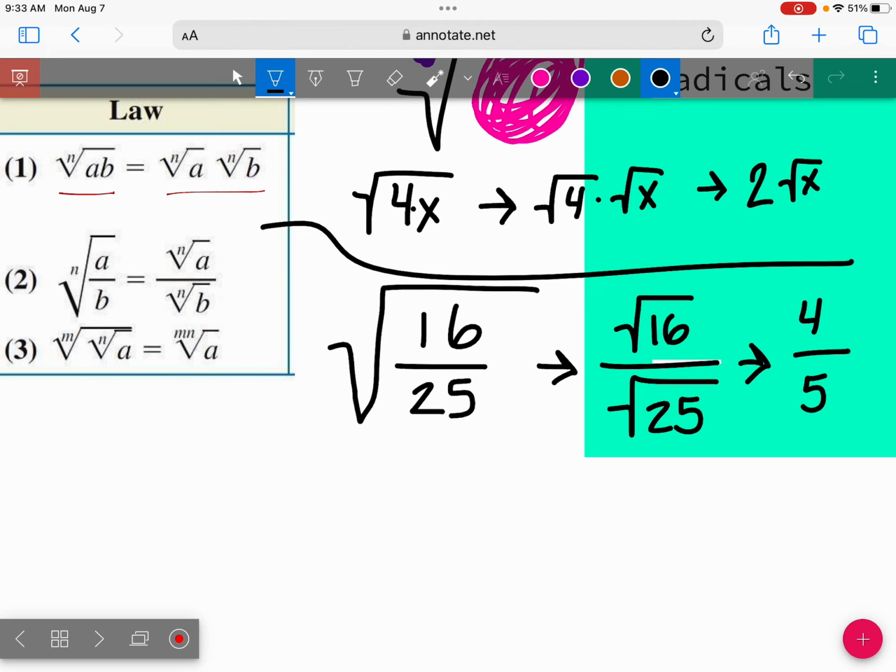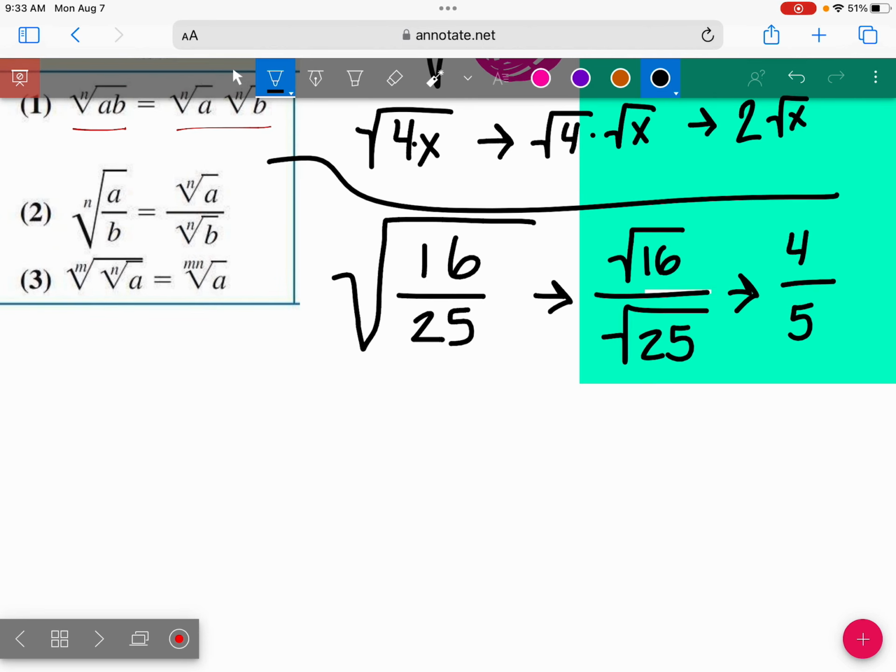And 3 is just extra. It is not a commonly done thing where we have roots of roots. It's honestly incredibly bad math grammar. If we had the square root of the cube root of x, honestly, this is not a problem that we see frequently.